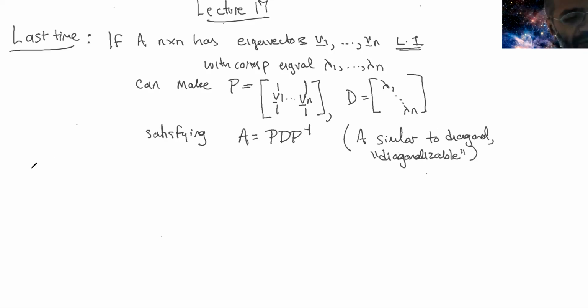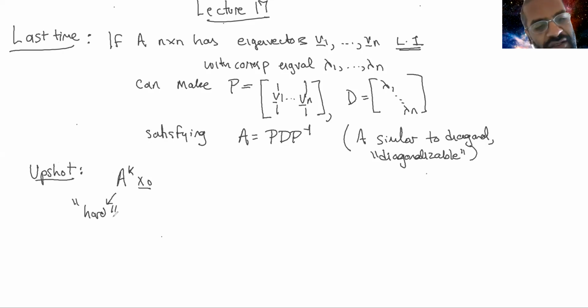And the upshot of this was that in certain problems, this led to a great simplification. For example, we had some problem where we wanted to compute some high power of A. And this was maybe a hard problem, and the reason it was hard is that when you take powers of A, all of the coordinates interact.